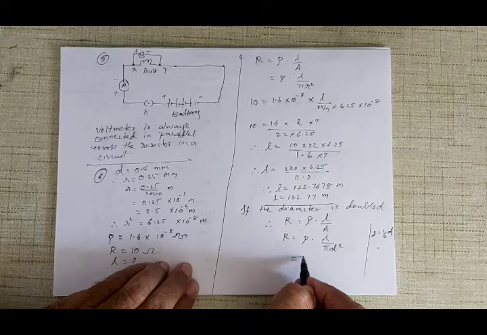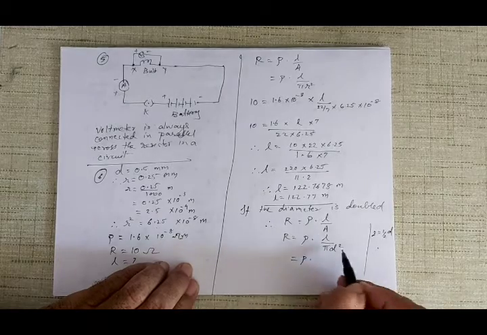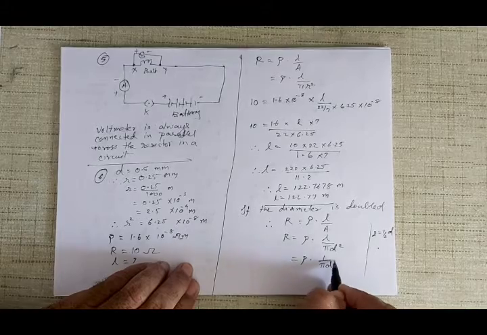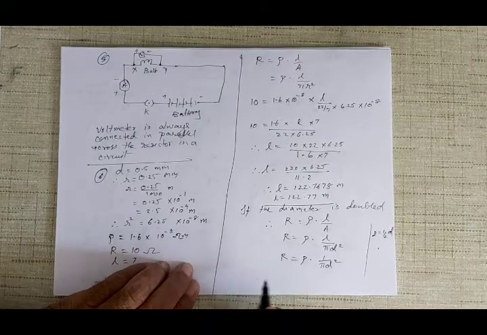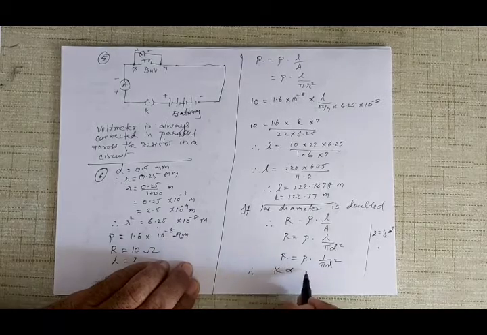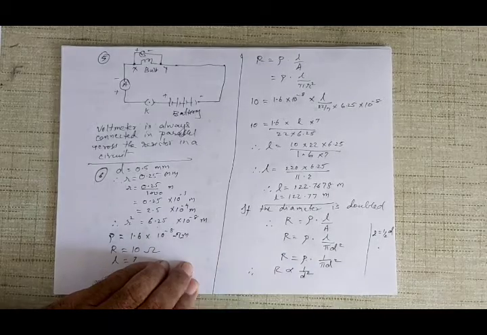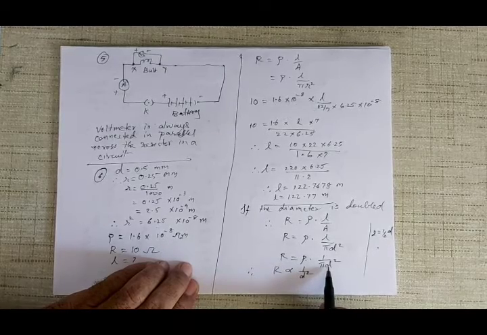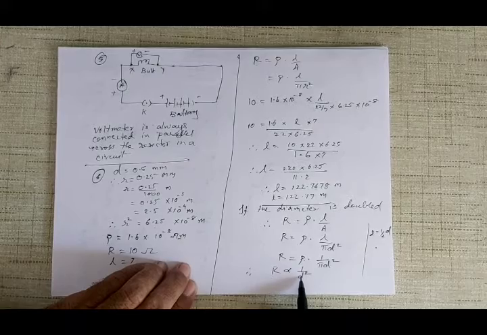So therefore rho into 1 upon pi d square. So therefore this is a constant, this is a constant. R varies with d square, the square of d. Okay, so remember d is diameter here. So diameter square.